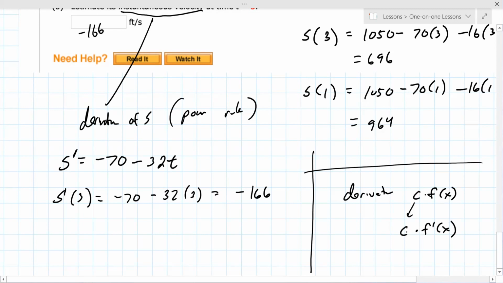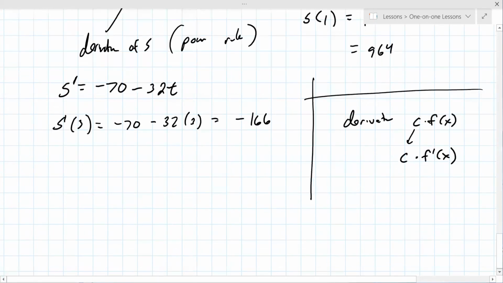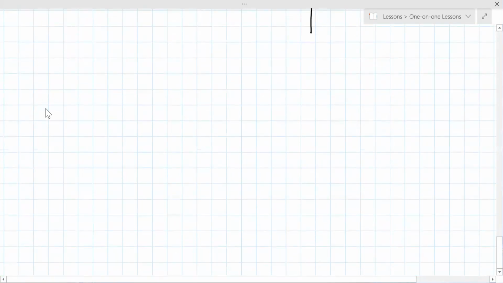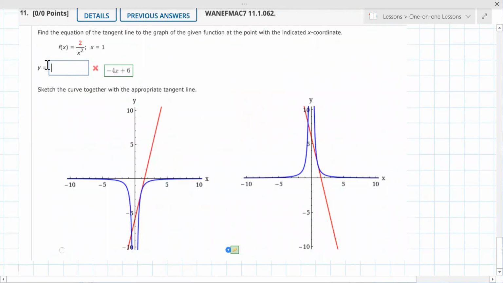So that constant just comes with it. Oh. That's all it means. It's probably much clearer now that you've done a bunch of these already. Okay, it was just on my review as one of the things to select, and I just forgot what it means. Yeah, they'll ask you which derivative rule do you use for this problem? And if you see a number in front of x, it's constant multiple.